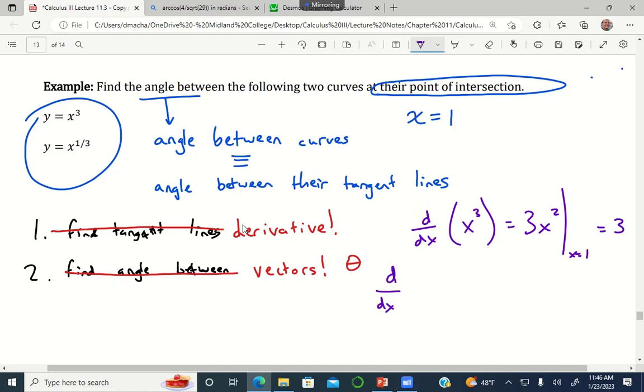Then let's think about the derivative of x to the 1/3 power. That would be 1/3 x to the power negative 2/3. If I evaluate that at x equals 1, I would get 1/3.